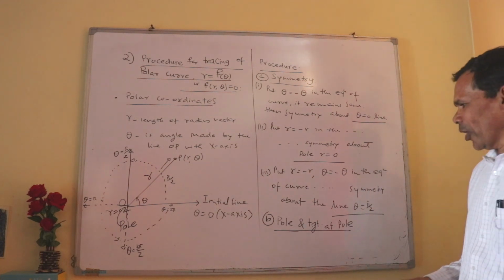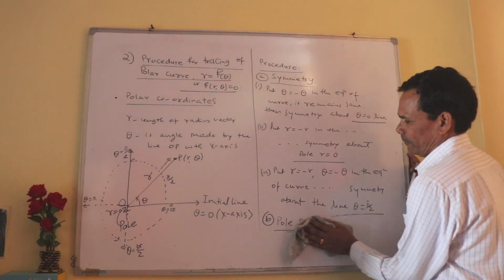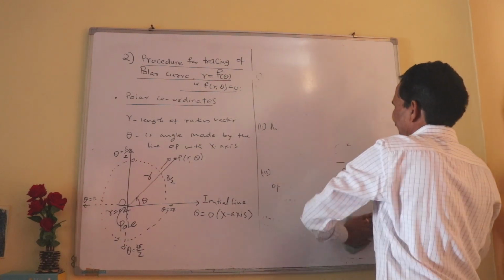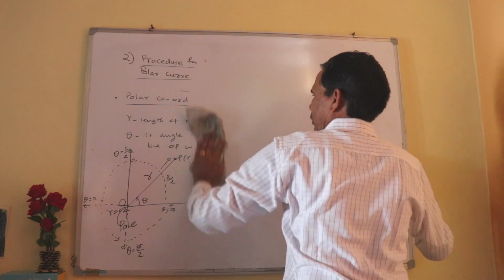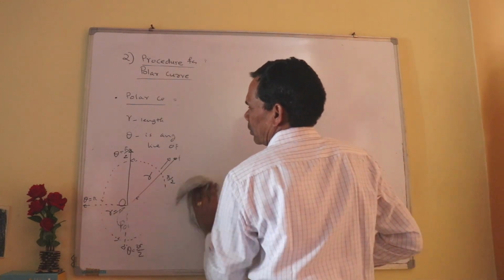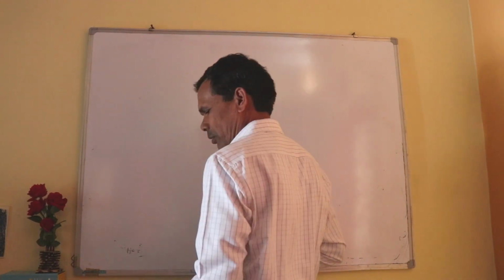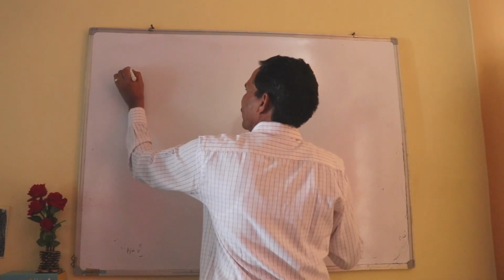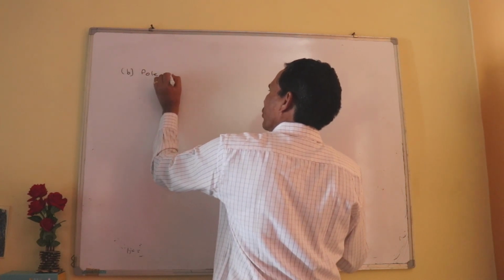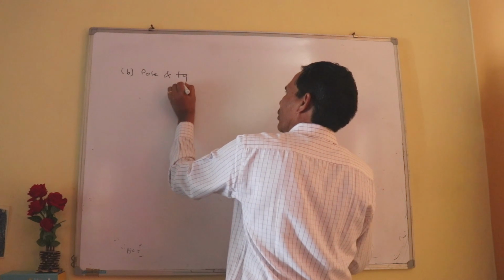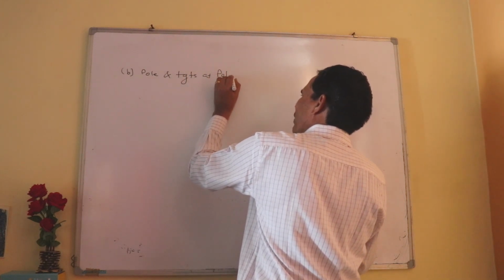Now the next point is the pole and tangents at the pole. That is point B. Now what is happening here?